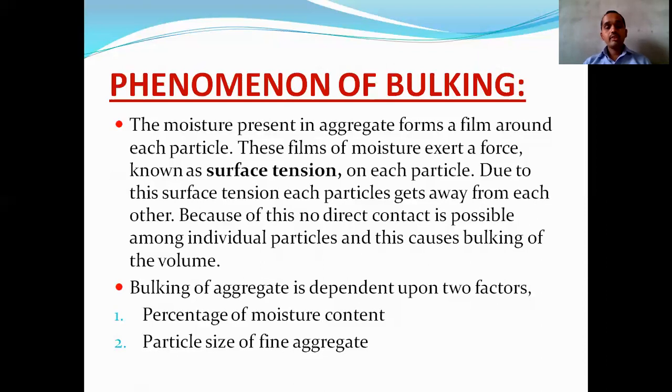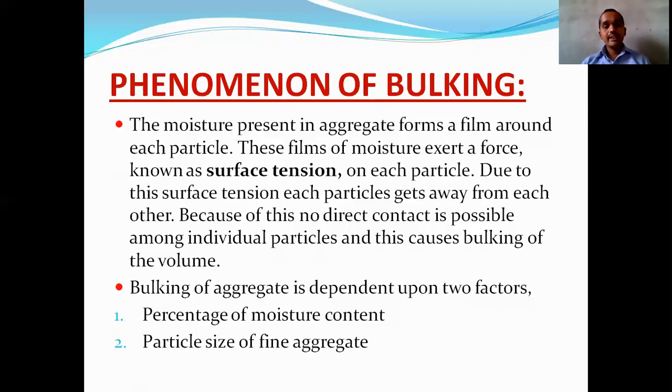In the last point we saw that bulking is more in fine aggregate than in coarse aggregate, because when this film is formed in fine sand, it is maintained and it causes the surface tension.